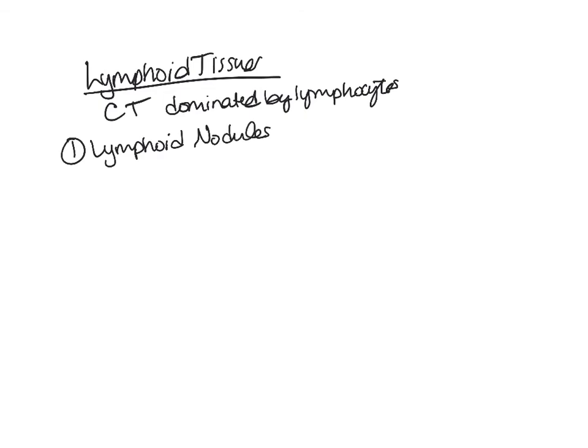These nodules are areas of areolar tissue that are packed with those lymphocytes. We find these lymphoid nodules deep in the epithelia, in the lining of the GI tract and the respiratory tract.